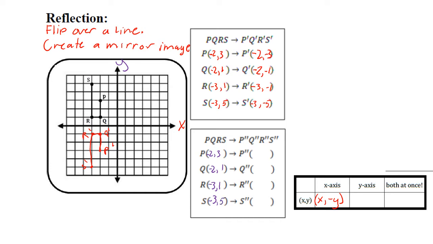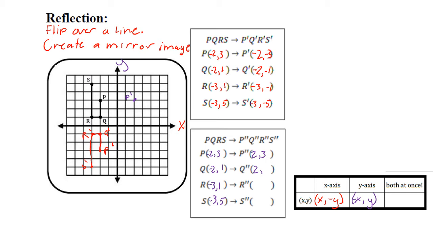We'll look at point P to start. P is 2 to the left of the y-axis. P prime will be 2 to the right. So looking at that ordered pair, it now becomes +2, 3. So the sign on my x changes, and the sign on my y stays the same.